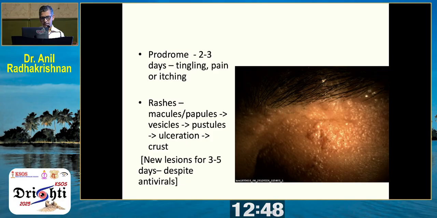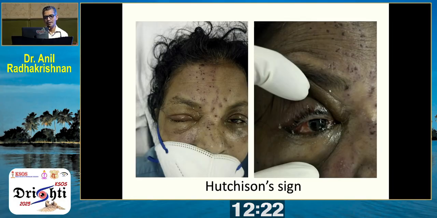There is a progression of the vesicles. First the macules come, then they become vesicles, then pustules, ulcerate, and then crust. Once it crusts, the infectivity goes down significantly; till that time, it is infective. You should also understand that if the treating doctor or the optometrist has not had chickenpox, it is likely to cause chickenpox.